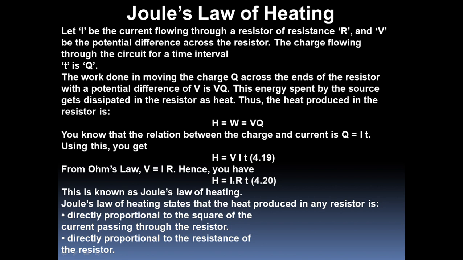Resisting the flow of charge means the charges rush up in the circuit, which produces the heat energy. That is why when we increase the value of resistance, it automatically increases the heat energy. So heat produced in any resistor is directly proportional to the resistance of the resistor.